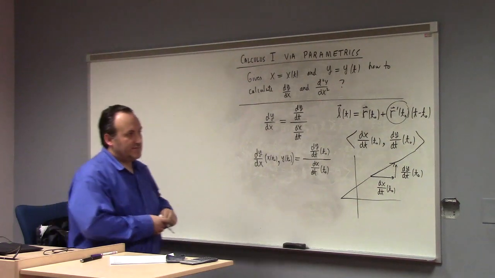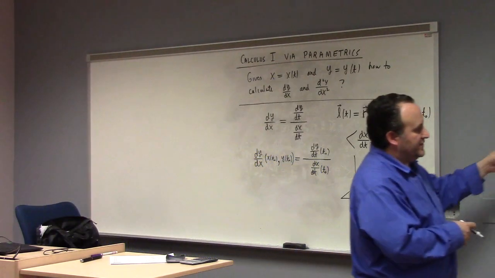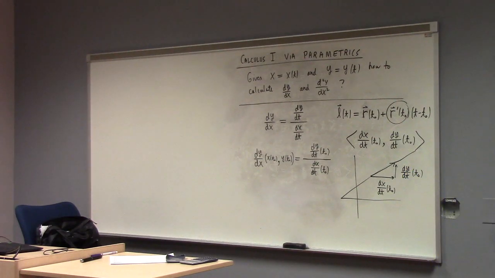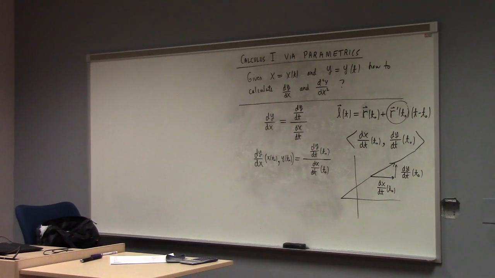I mean, we can put it into practice. What's the slope of the tangent line here? What's dy dx at the point? The point was 1, cosine 1. What's the slope there? The ratio of the velocity vector's y and x components, namely minus sine of 1 over 2. There's the slope of the tangent line right there.